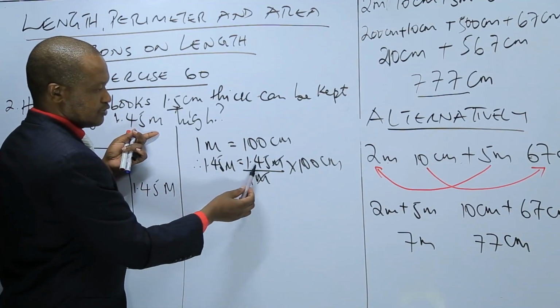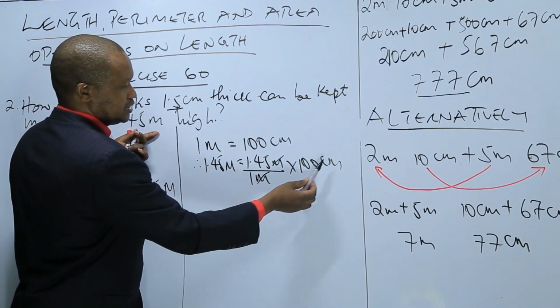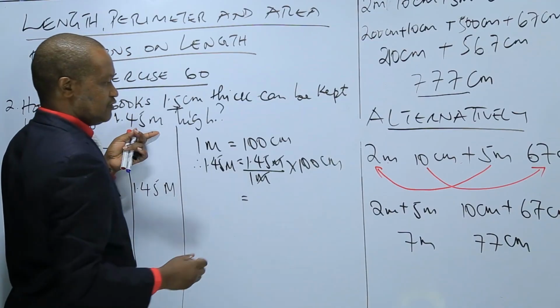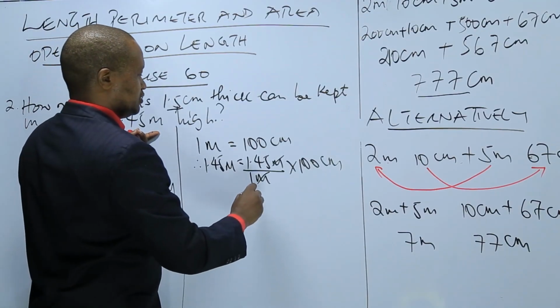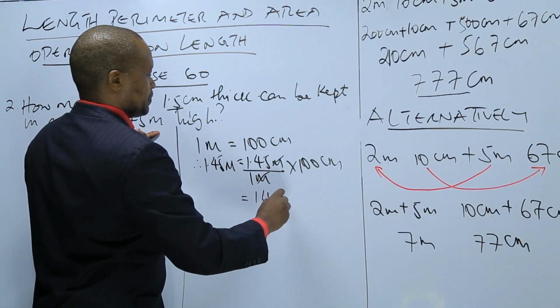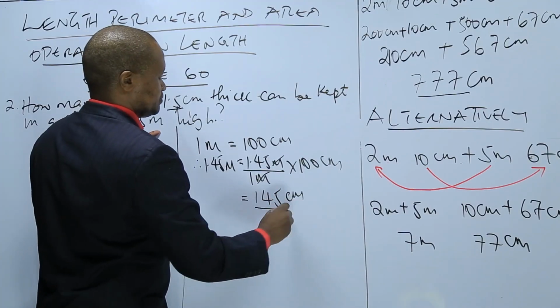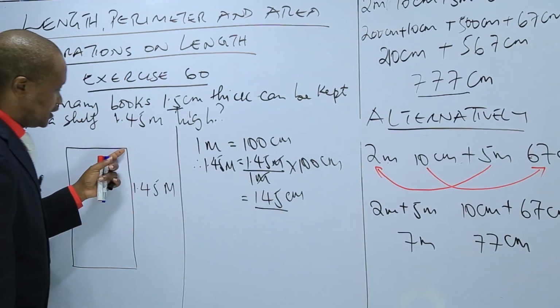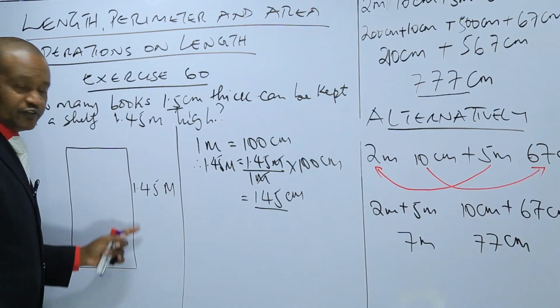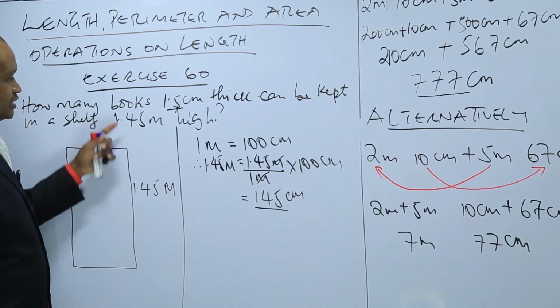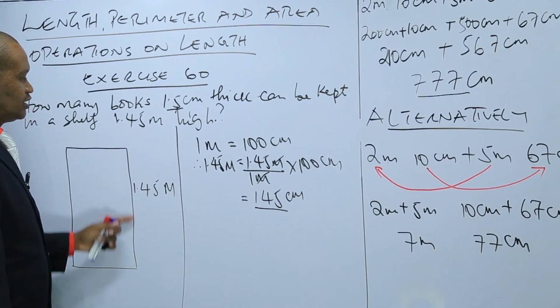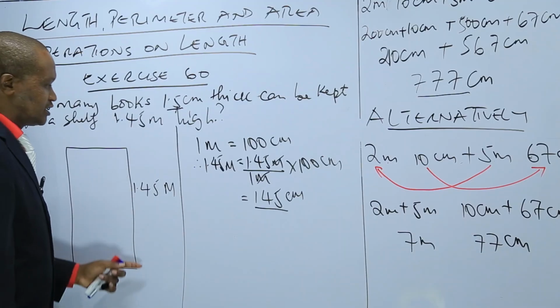So we multiply 1.45 times 100 centimeters to give us 145 centimeters. So this shelf is 145 centimeters high.